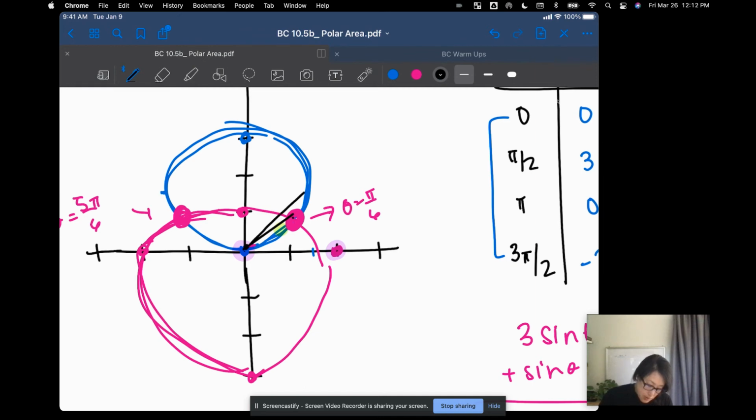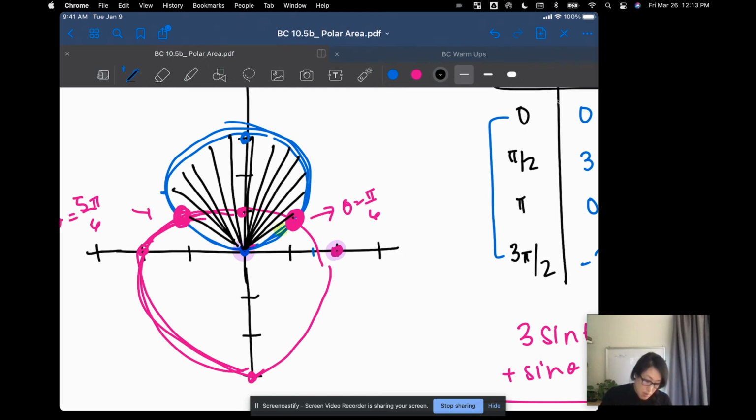So like this, around the curve, okay, like this. And we're stopping at the second intersection. But then what I need to take away is, I'm not actually sure I can use the eraser, so what I need to take away is all the bottom half of these radii. Okay, so that's why we need to subtract the limacon.